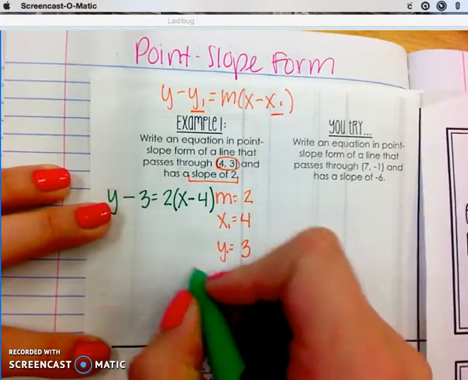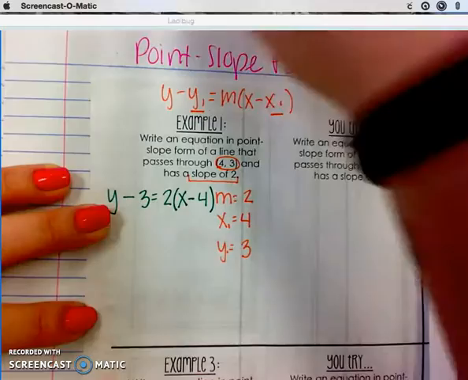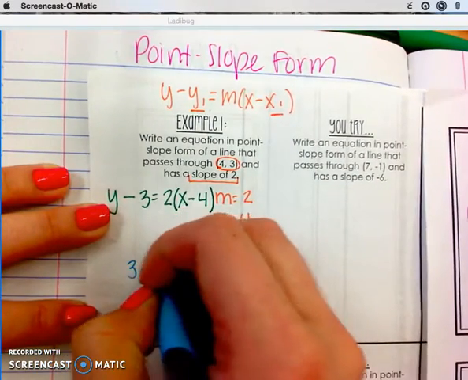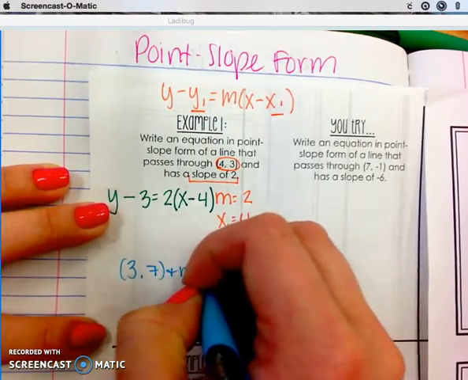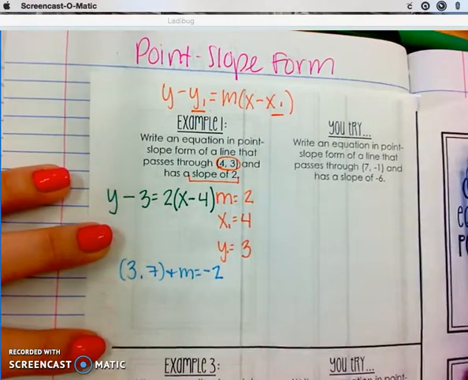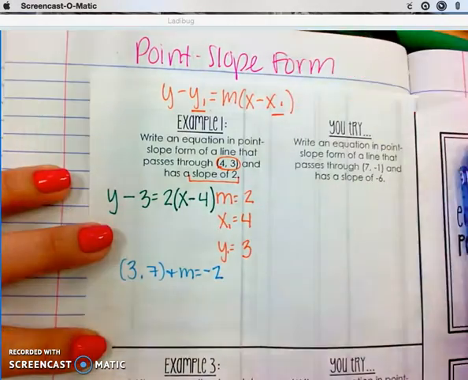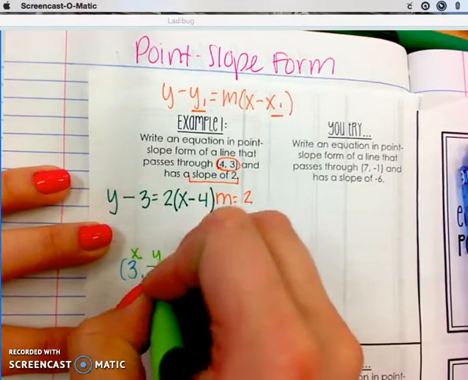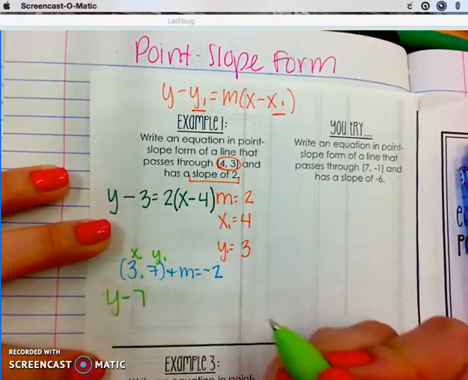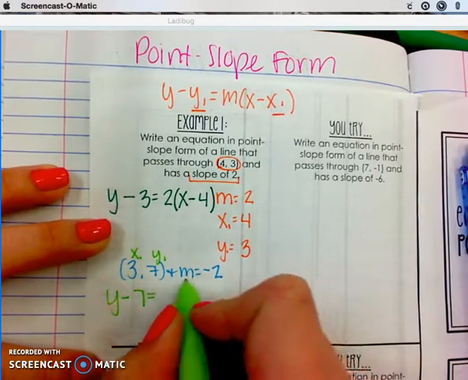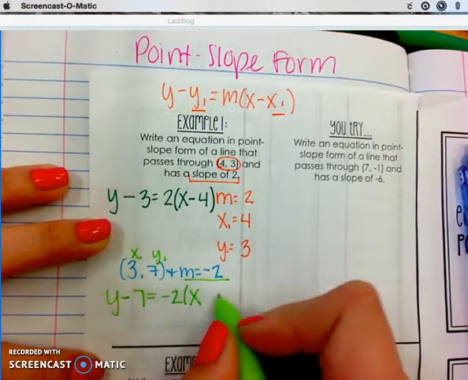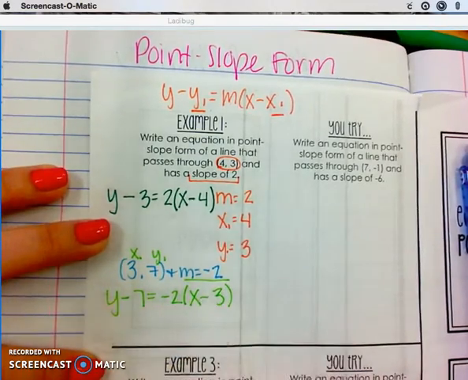If I gave you the point (3, 7) and m of -2, you could write that in point slope form. That's my x and my y. So y minus my y1, which is 7, equals my slope, -2, times x stays the same minus my x1, which is 3.